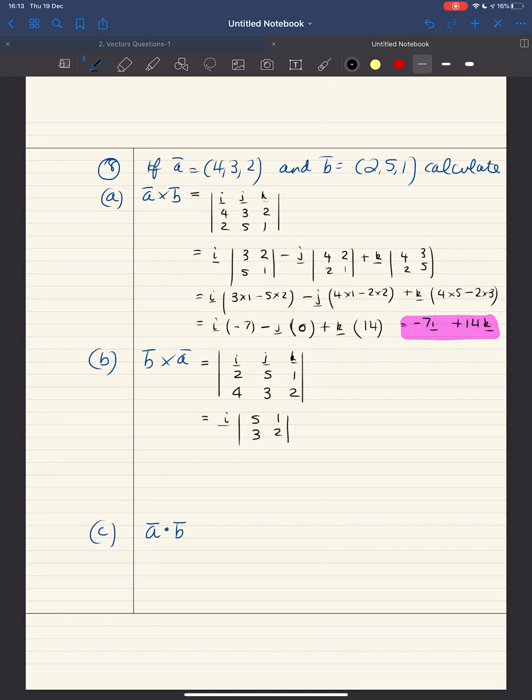If you notice, what's happened here is the two rows have switched. This answer will show you that you don't have to do all this working out, but I'll go through it and then we'll see the general rule in the end.